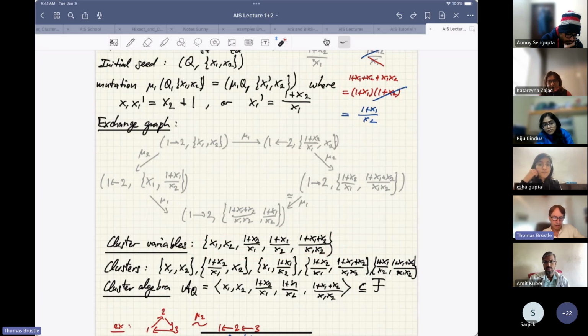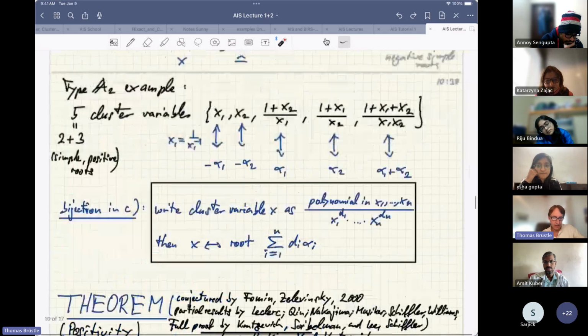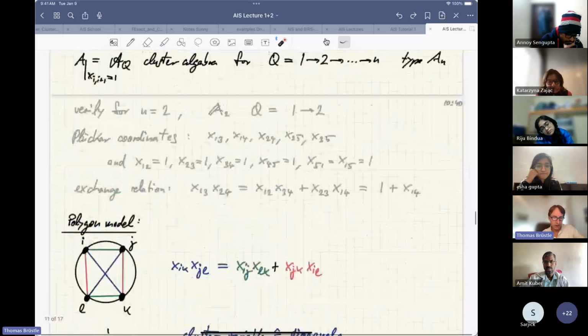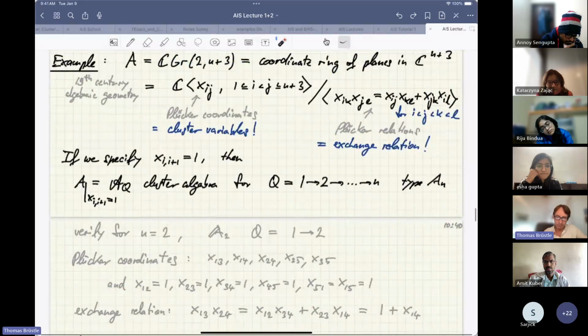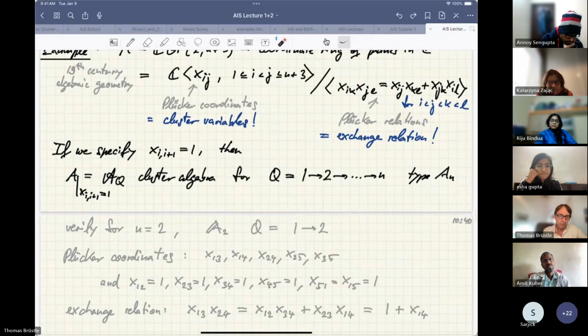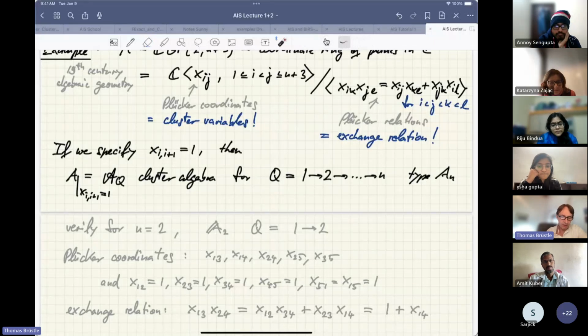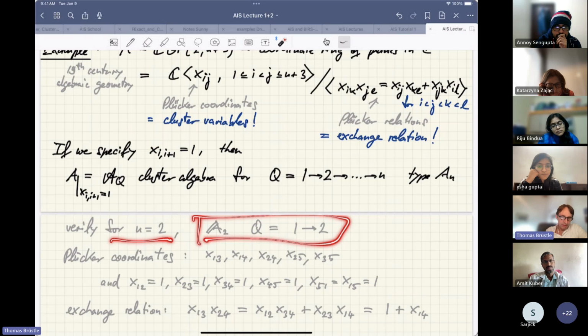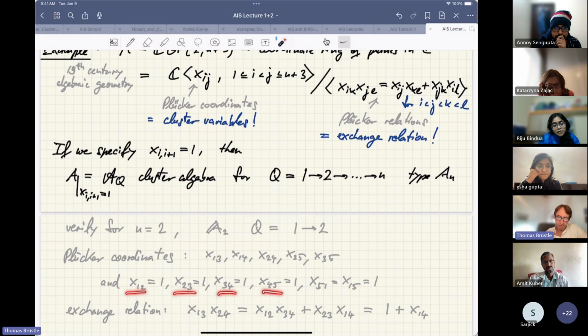Okay. So let's try to look at these Plücker coordinates when we are in the case where n equals 2. So n equals 2, A2, this is this. We have the Plücker coordinates. So we want to specify x_{1,2}, x_{2,3}, x_{3,4}, x_{4,5}, x_{5,1}.